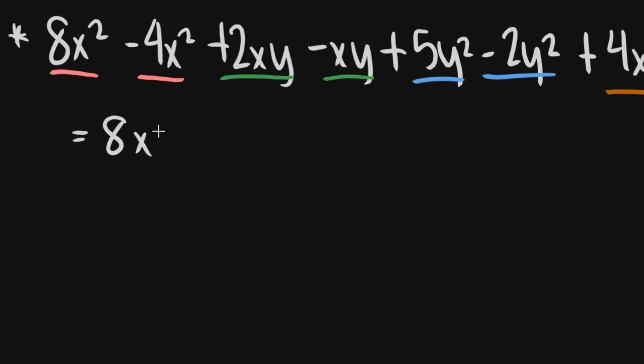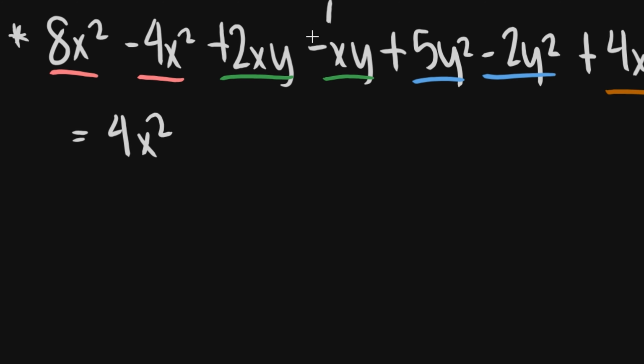So 8 minus 4 would equal to positive 4. Then don't forget the x squared. Then positive 2 minus 1, since we all have 1 here.